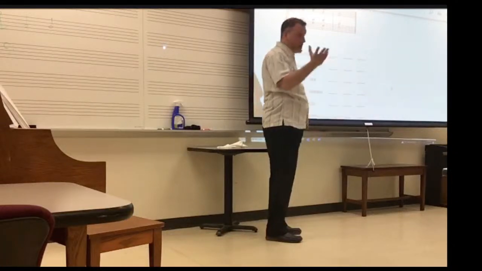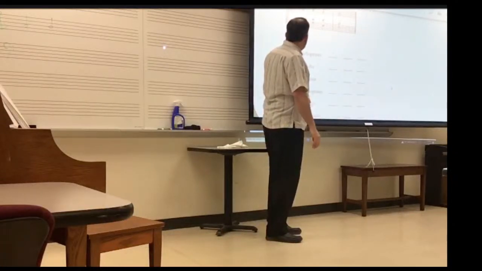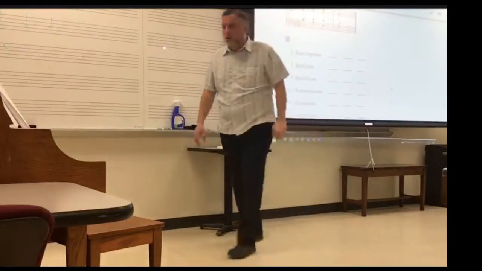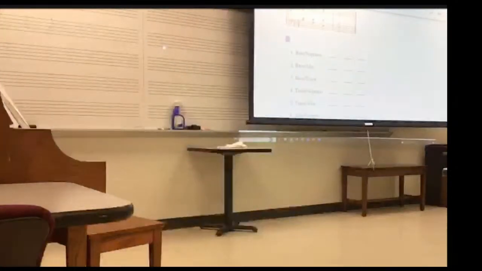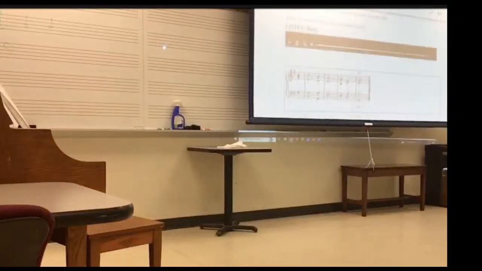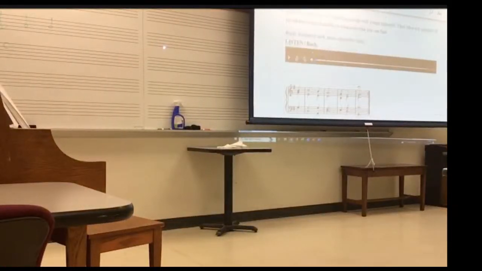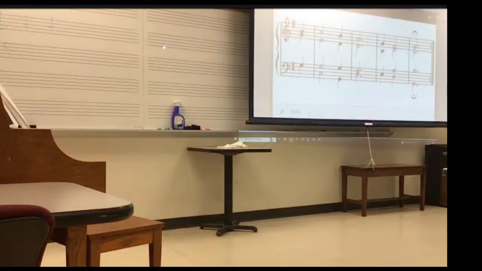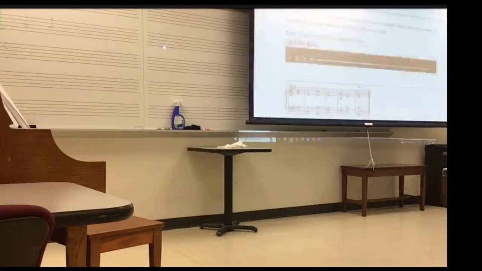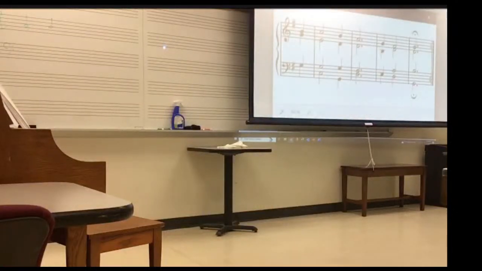Because later, when we're looking for parallel motion, let's just look for any parallel motion here. This was written by Bach. The directions just ask us to look for parallel motion, whether it's objectionable or not, just any kind of parallel motion. Where do we see it?